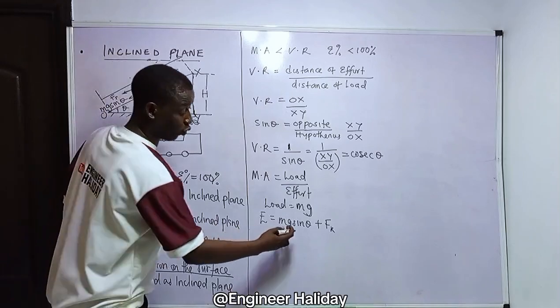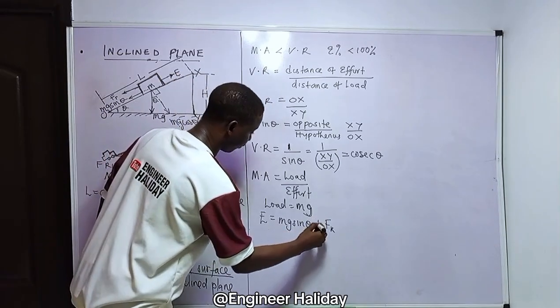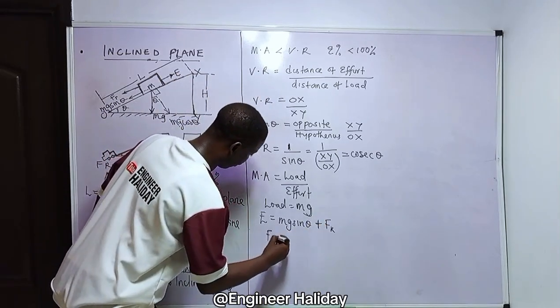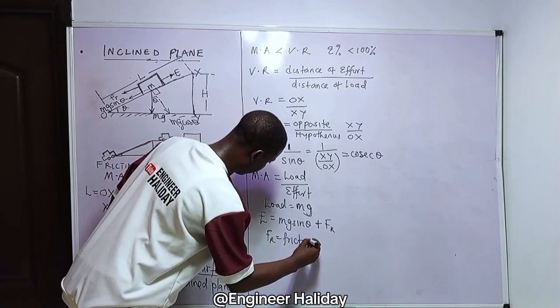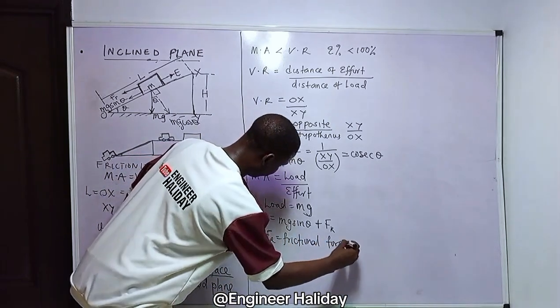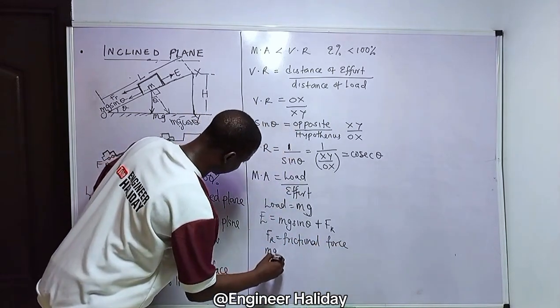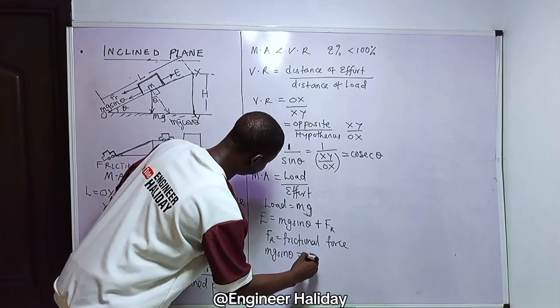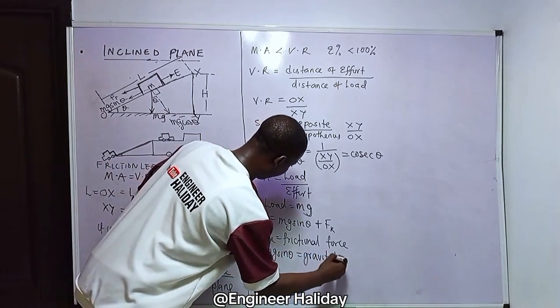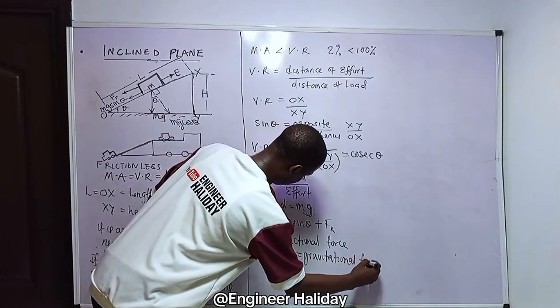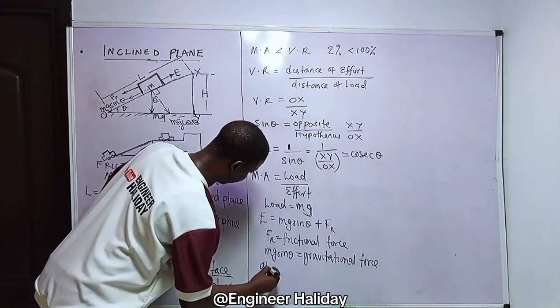So which is equal to what? Mg sin theta plus Fr, where Fr is what we call the frictional force, while mg sin theta is what we call the gravitational force along the plane.